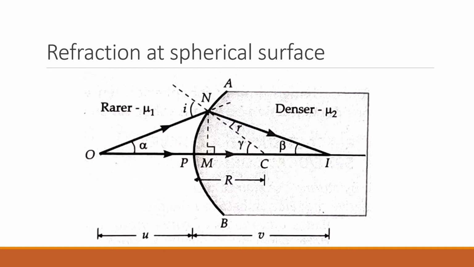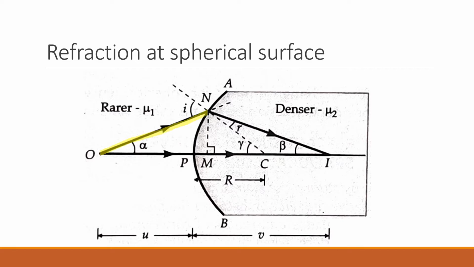Now consider an object O which is placed on this principal axis. This is your object O. From this object O, consider a light ray which starts from O and moves in this direction.